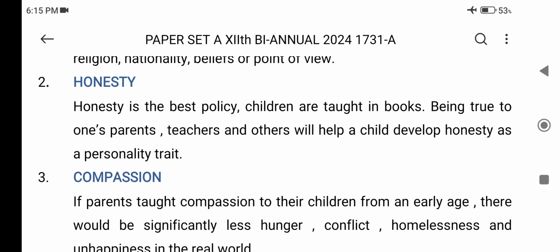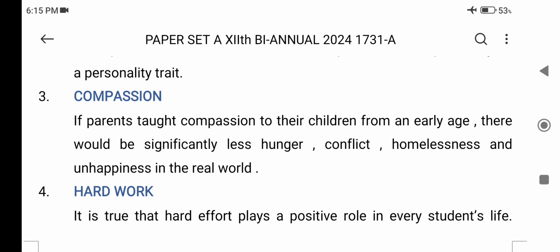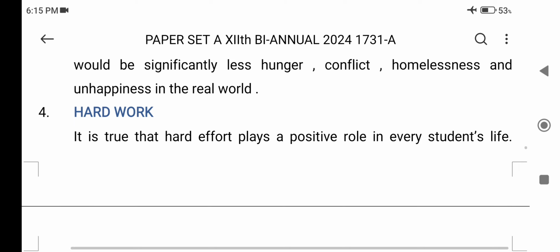Being true to one's parents, teachers, and others will help a child develop honesty as a personality trait. Number 3, compassion. If parents taught compassion to their children from an early age, there would be significantly less hunger, conflict, homelessness, and unhappiness in the real world.